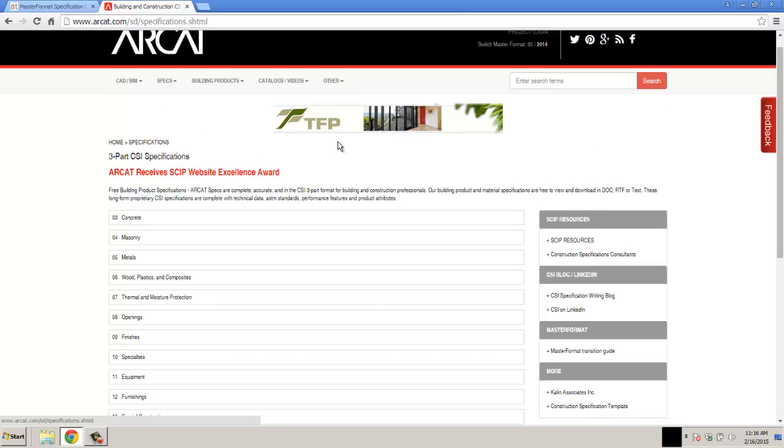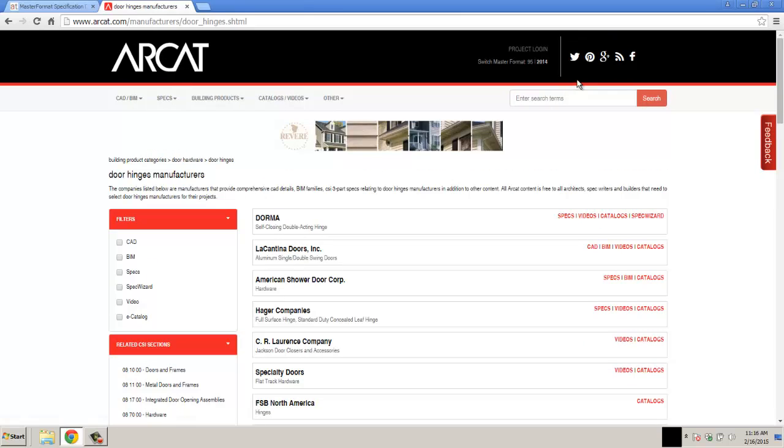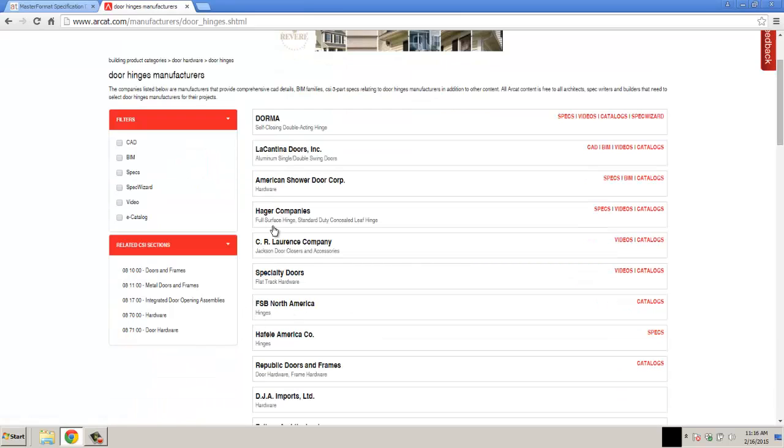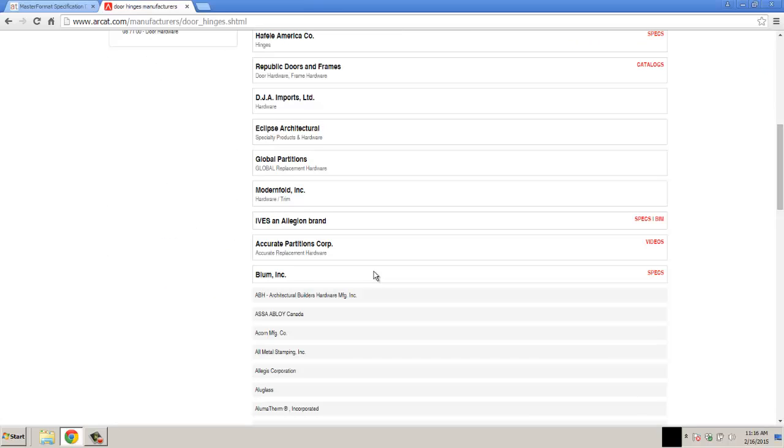If I just wanted to find a specification for, let's keep it simple, let's say door hinges. Here we have a number of manufacturers that have specifications for hinges. I know that Hagar is a hinge manufacturer.